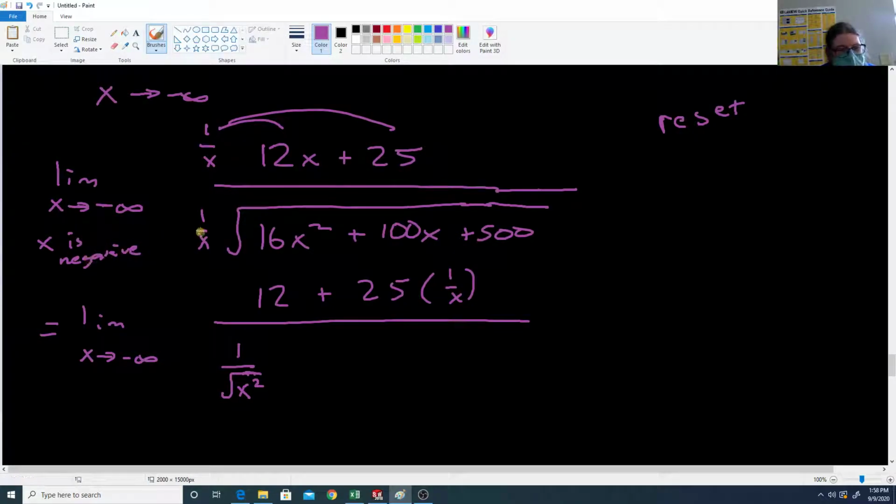If x is negative and you have 1 over x, this is a negative number. This 1 over x that we brought in is actually a negative number. So we really brought in a 1 over a negative number divided by 1 over a negative number, because we're looking at x's heading to negative infinity. The problem is if x is negative, when you square a negative, it becomes positive, and then you take the square root of that and you get that it's positive.